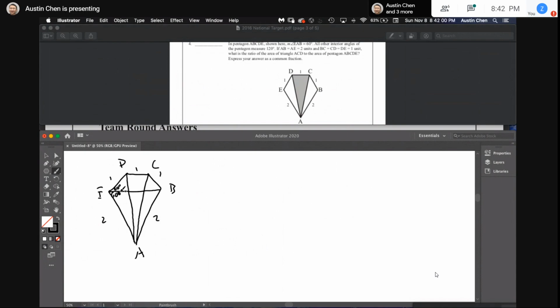And then we can draw 3 equilateral triangles right here, and these will all have sides 1. And this is also an equilateral triangle, right? Because this angle is 60 degrees. So then this side would have to be 2, right? And that makes sense because we separated it into the 3 equilateral triangles, and it also says it has a side length of 2.